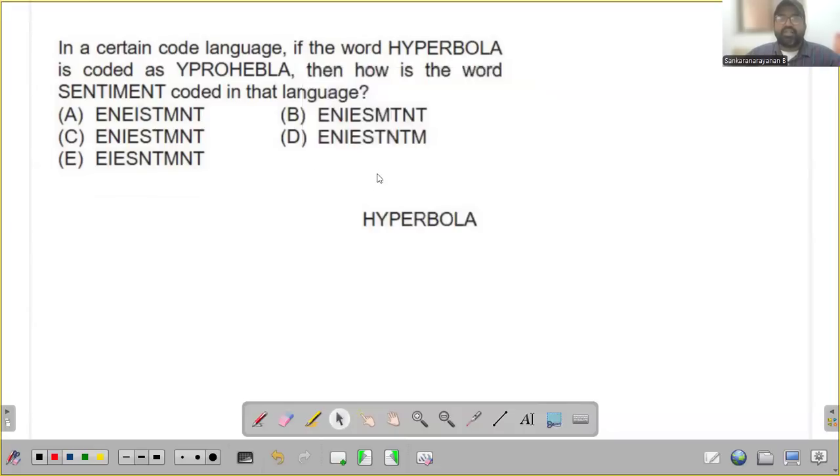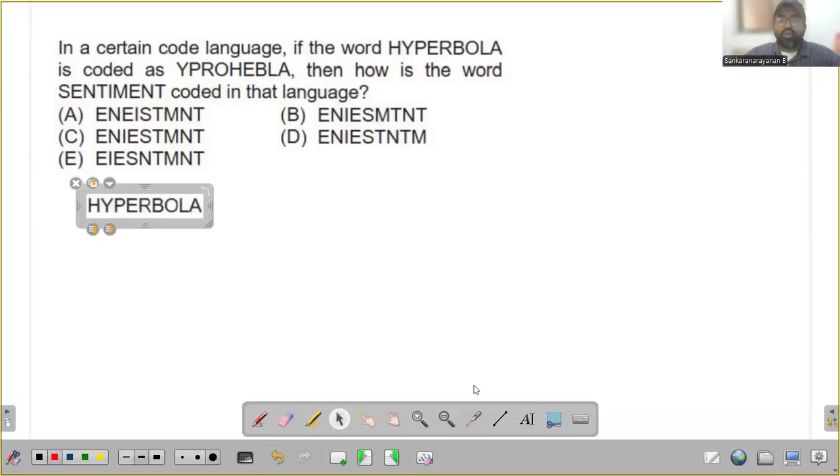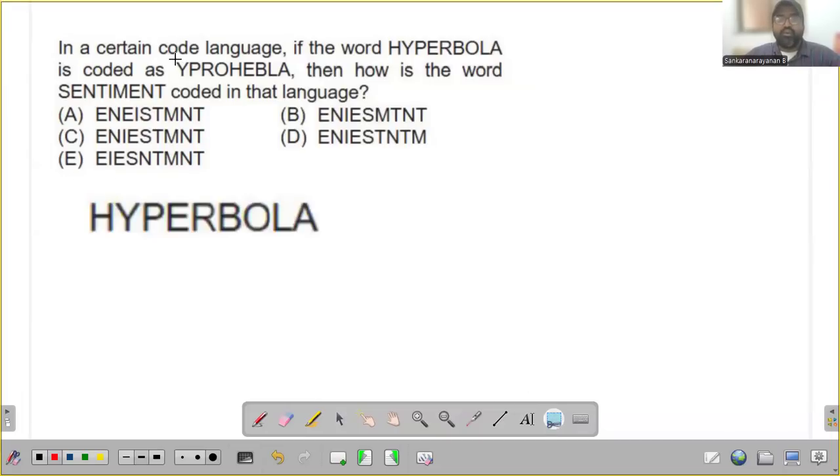Hyperbola. In a certain code language, this word hyperbola is coded as YPRO. You can see how the coding has happened. You should try to understand what exactly is happening. Letter position 2, position 3, then position 5, then position 7.